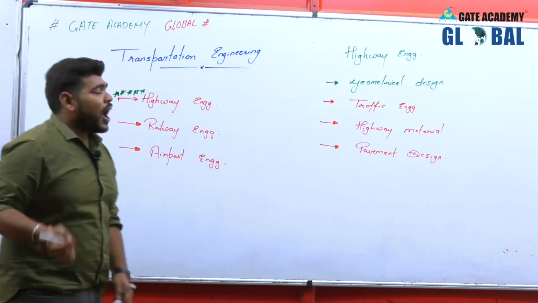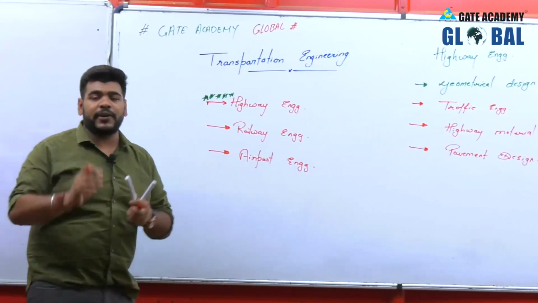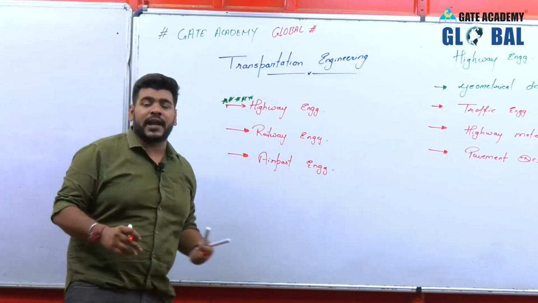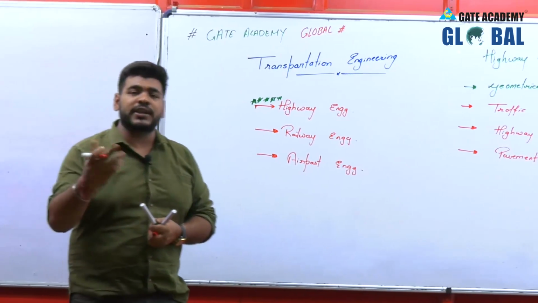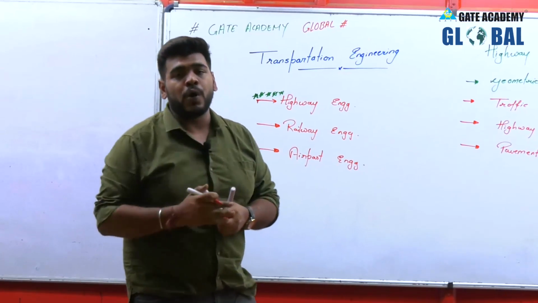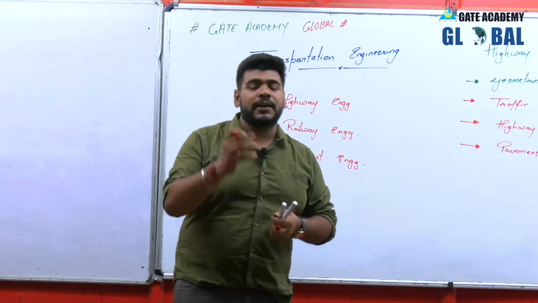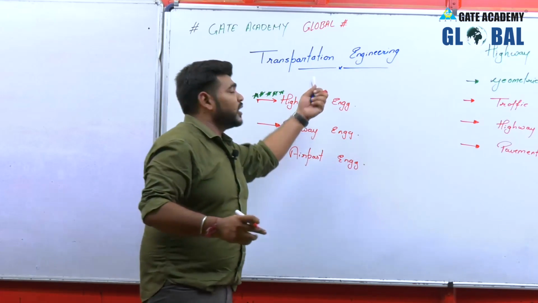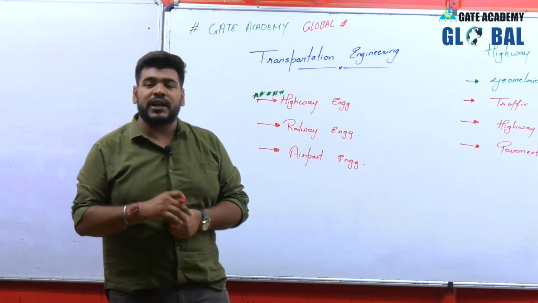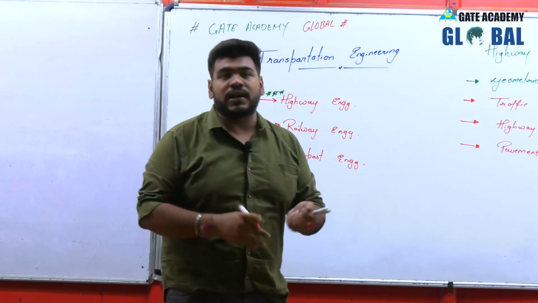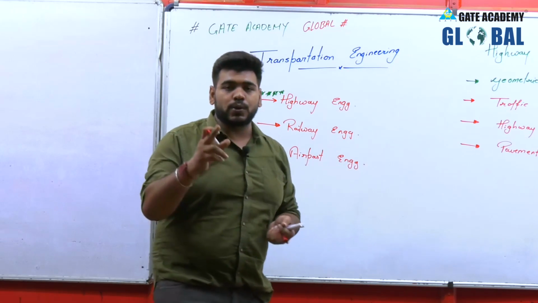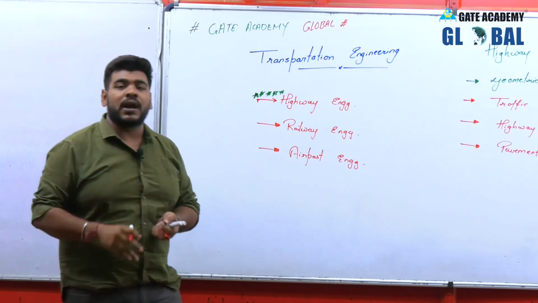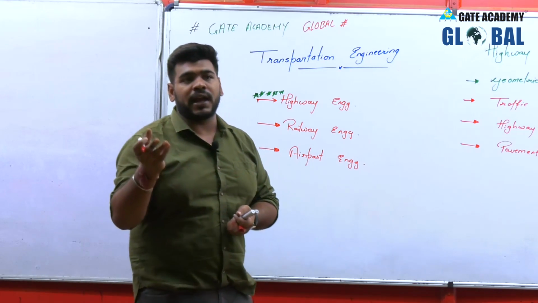As I told you, highway engineering carries maximum weightage in whole transportation engineering. If we talk about the GATE 2019 examination, we will come to know that around 11 marks of questions came from transportation engineering in GATE 2019 set 1 paper, and in the evening shift it carried around 9 marks.